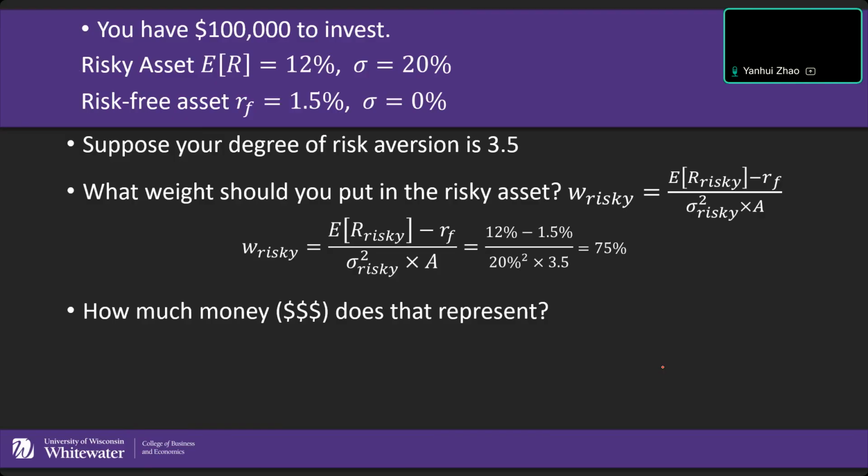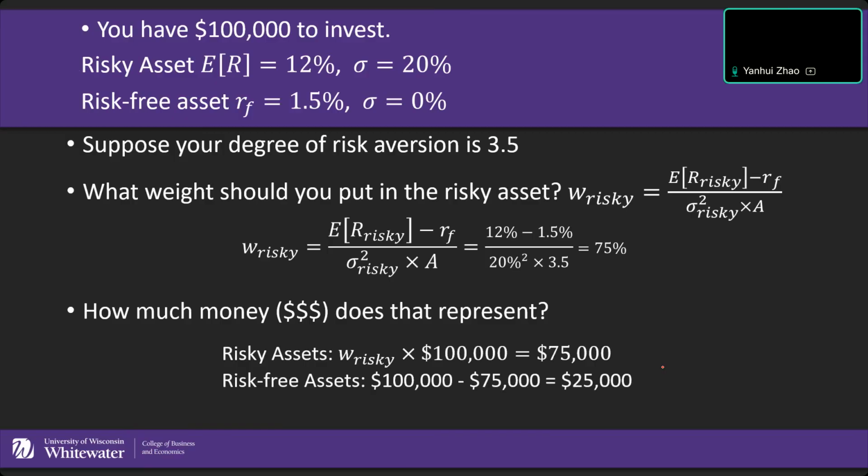Then divide by the standard deviation 20% squared, which is 0.04, multiplied by 3.5. So it's 10.5% divided by 0.04 times 3.5, and what I get is 75%. It means we allocate 75%, which is $75,000, to the risky asset. The rest will be risk-free assets.